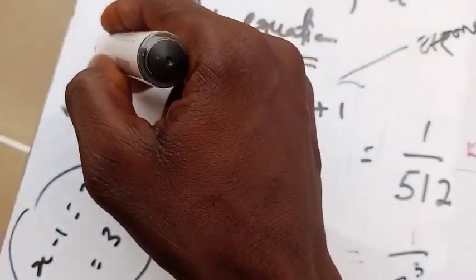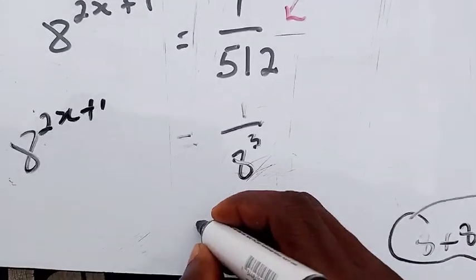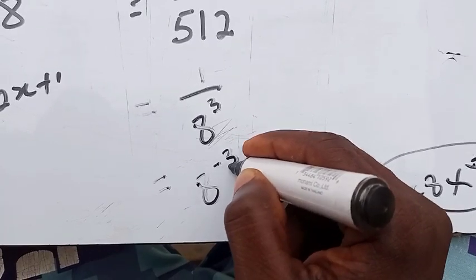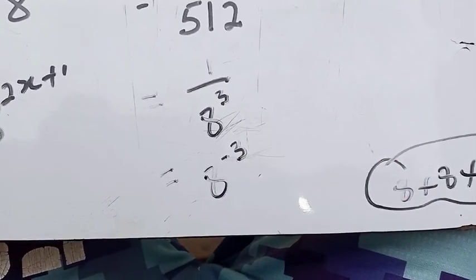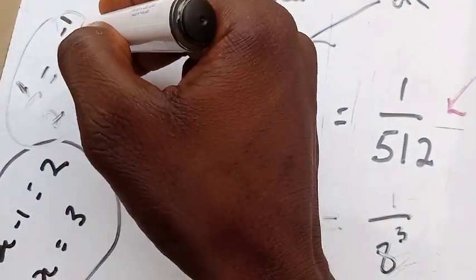Okay, so now using this idea here, we can rewrite this, only this one, to be equal to 8 raised to the power negative 3, right? So they just assume that the one at the top tends to be a negative.